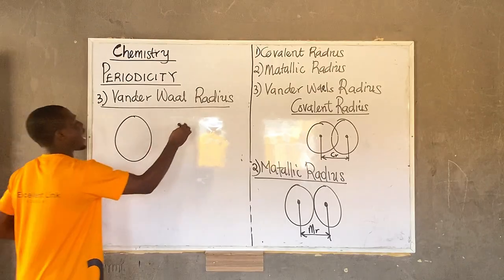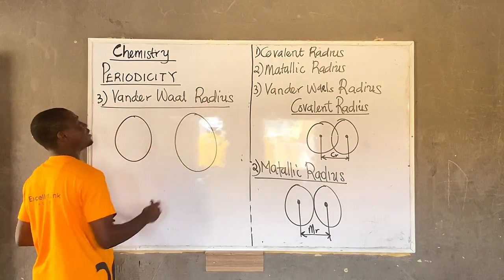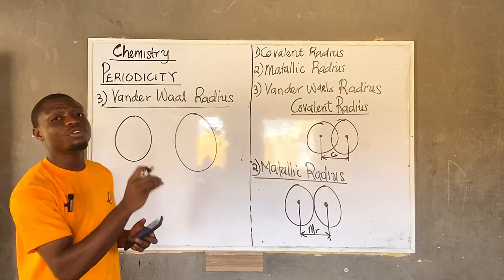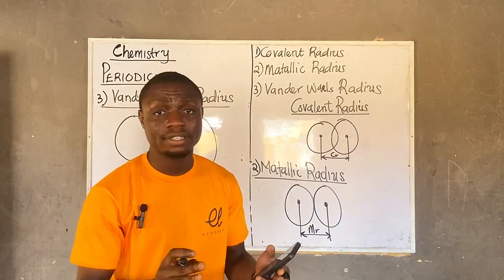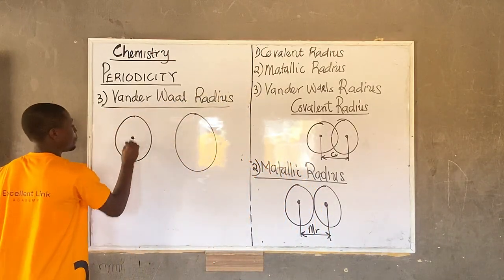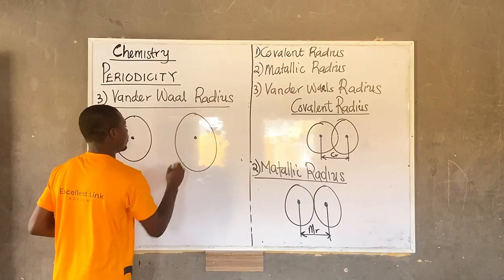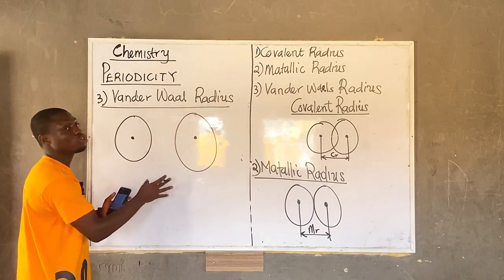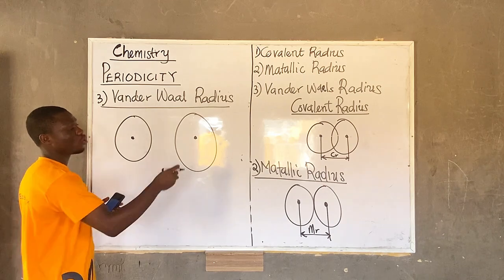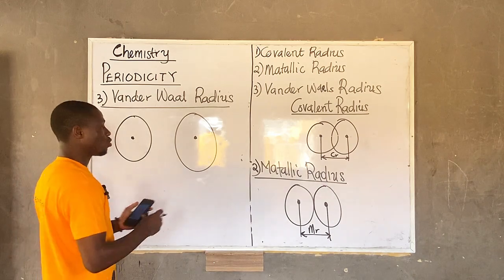we said the concept here is they are not bonded. So if they are not bonded, it means they'll be separated, right? So the distance between this first nuclei here and second nuclei here, please do not mind my drawing. They must be of the same size, so you can use your compass to construct them.